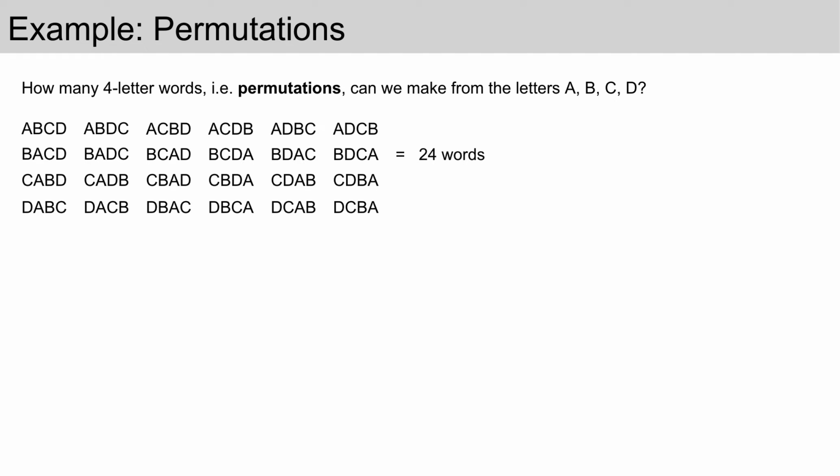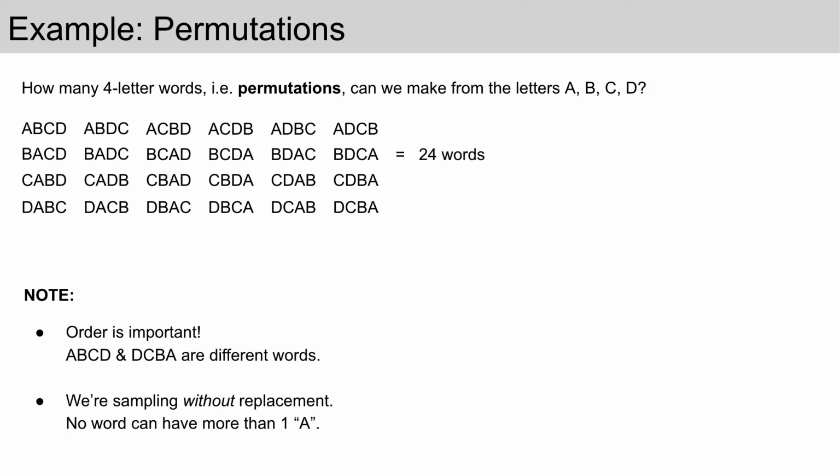Notice 2 important properties here. First, the order of the letters is important. For example, ABCD and DCBA are different words. Second, we're sampling without replacement. For example, no word can have more than 1 A in it. Again, this is a pretty small example, so we shouldn't rely on being able to write out all possibilities. Instead, we can use a combinatorial tool.